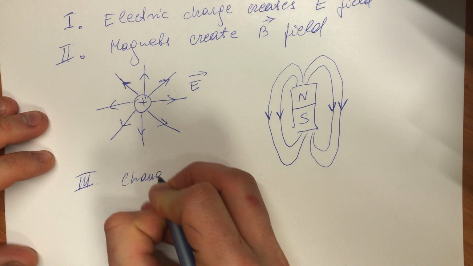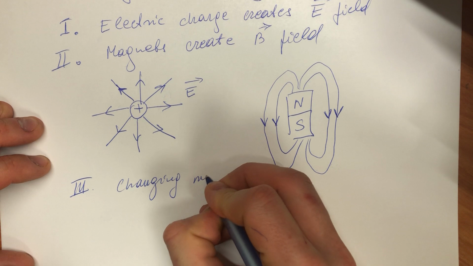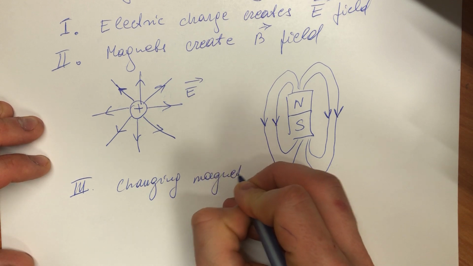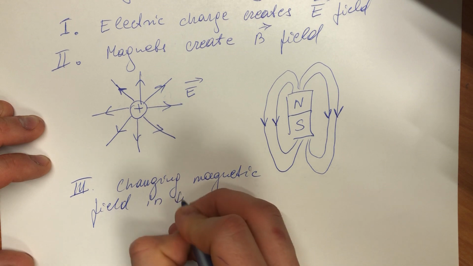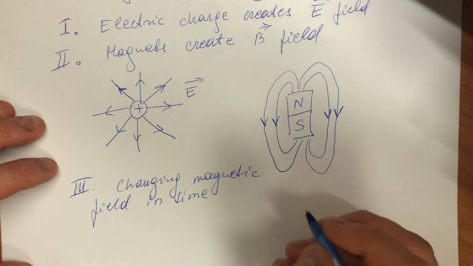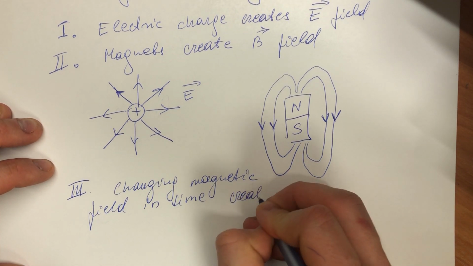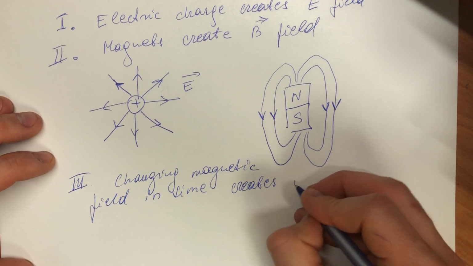But the third thing is that a changing magnetic field in time creates electric field.